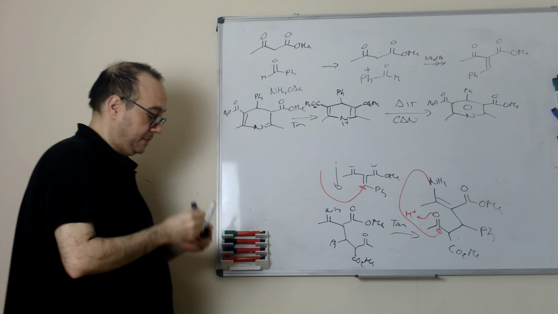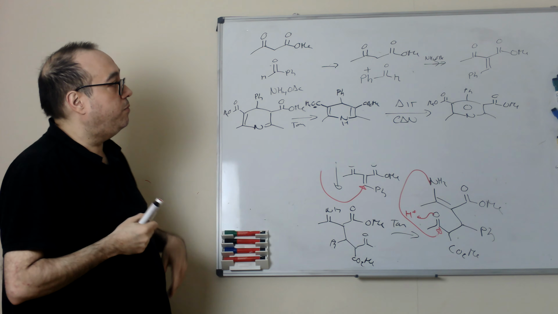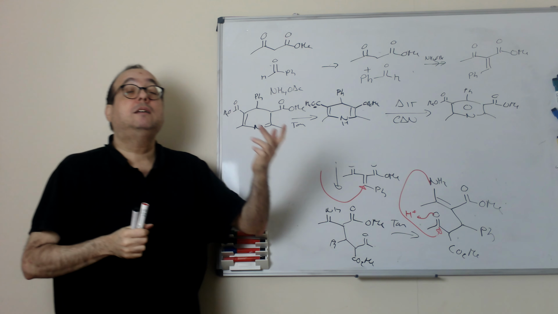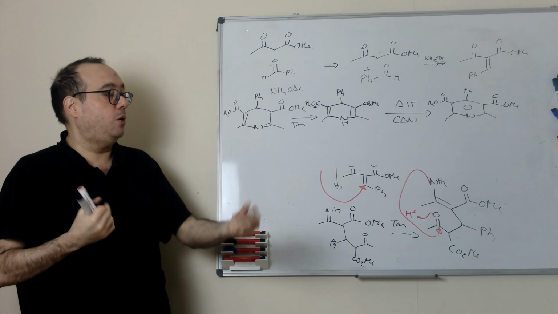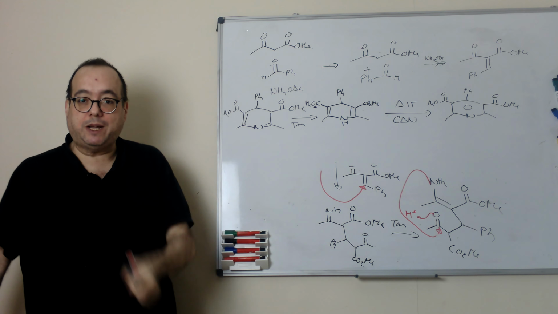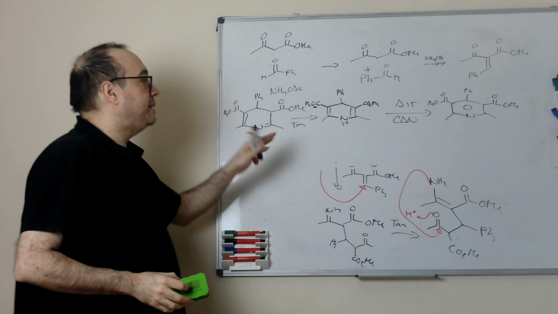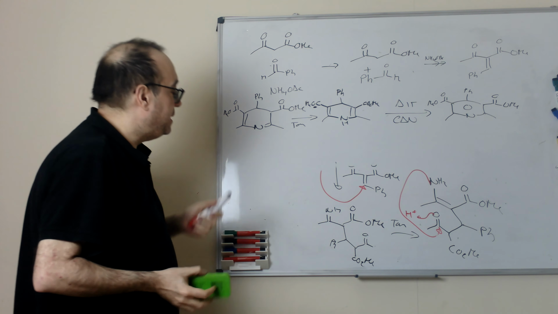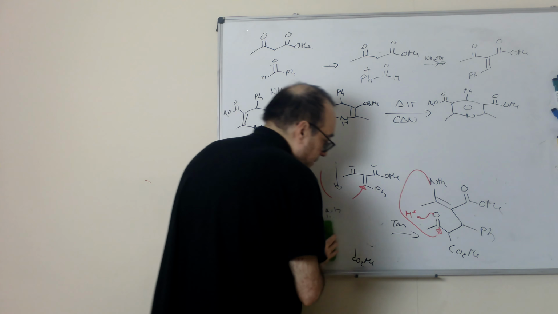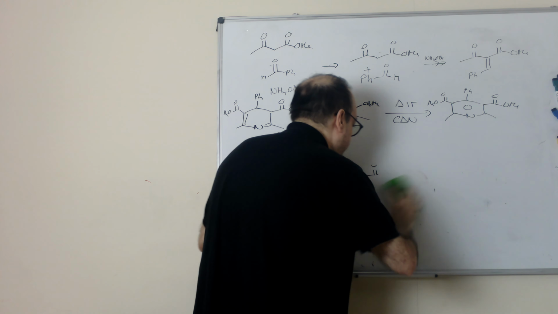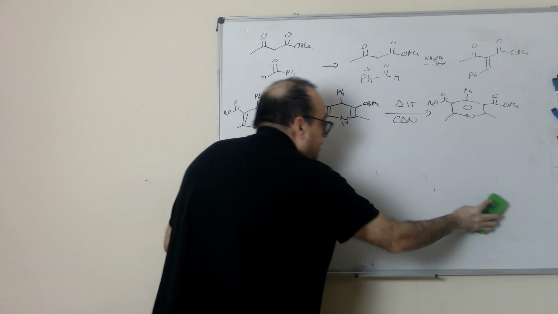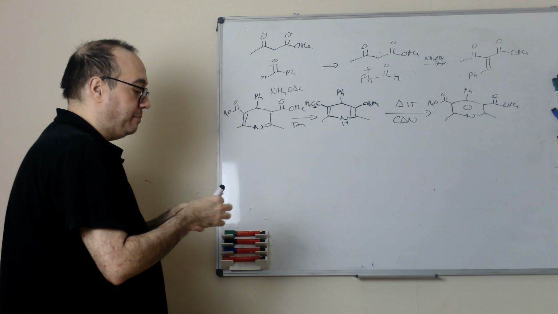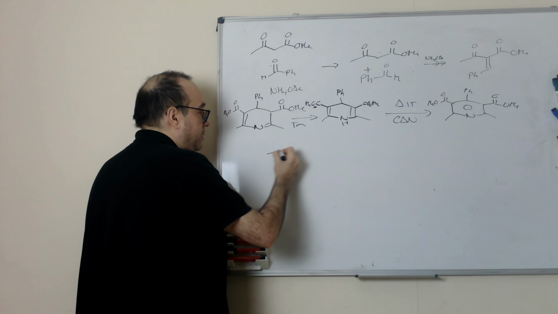This is how it works if we are using the same ketoester for all the synthesis. That means we mix all together and we get the final compound. What happens if we want to have a pyridine that is different side by side?